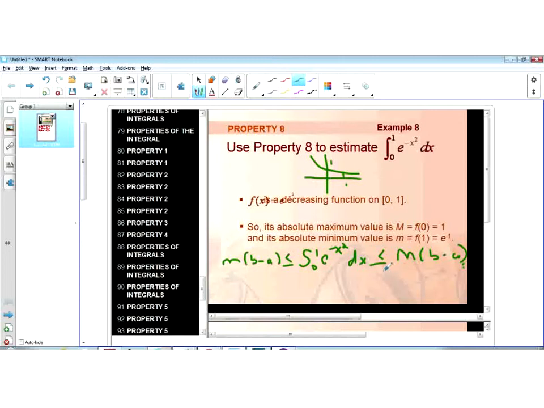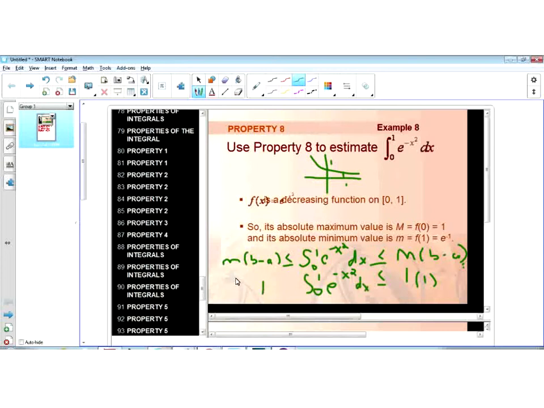Since it's a decreasing function, the maximal value occurs at the left endpoint, so that would be at x equals 0. At x equals 0, we would have 1 over e to the 0, which is 1, and the length of the interval is 1. So that's 1. So we know that this definite integral will be less than 1.